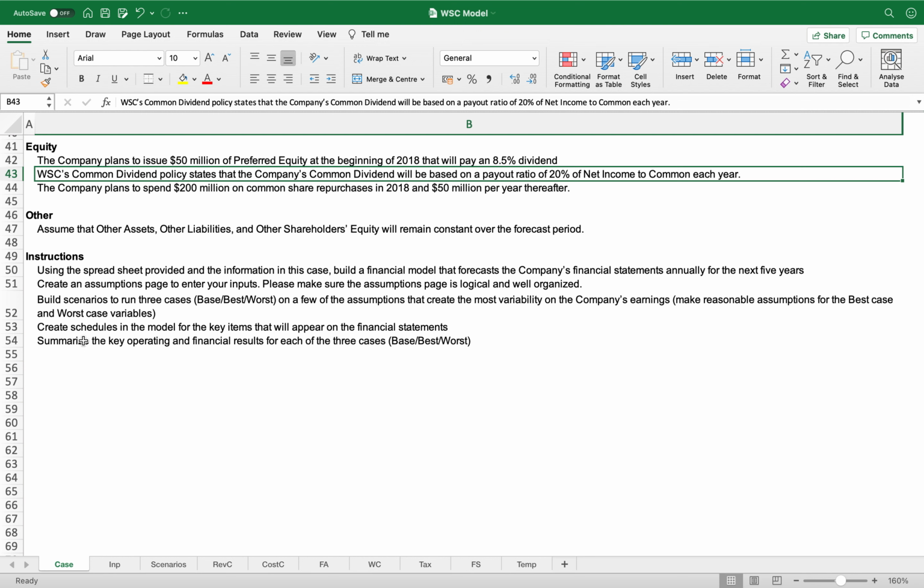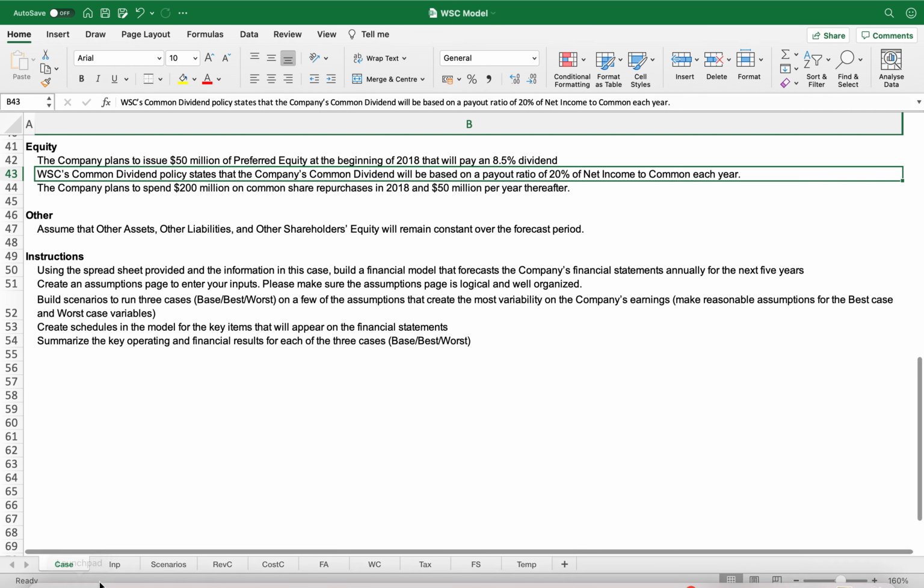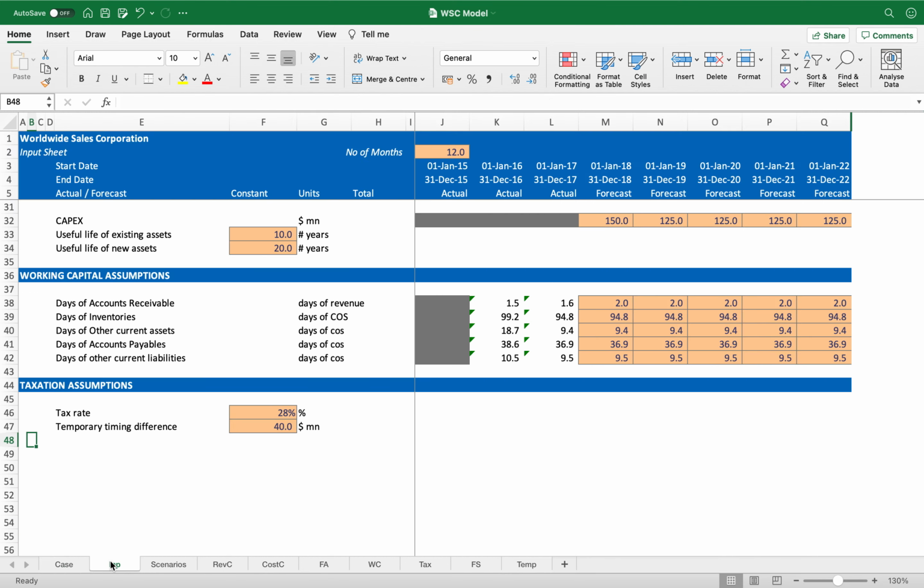So when the company purchases the shares from the market, that is known as buyback of shares, or share buybacks, or common share repurchases. Okay, so let's put these assumptions in the input sheet. Let's put the equity assumptions.